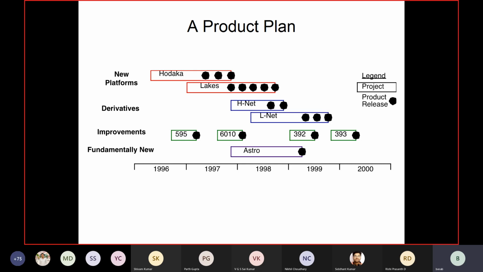You can change the cover in such a way that dirt will not get accumulated on the machine. That's an improvement. But it has nothing much to do with the performance of the machine. But it's definitely an improvement. So they have taken up some improvement projects. These are the codes they have used, 595, 6010. I don't know the meaning of the code, don't ask me. They definitely have their internal methods of coding things. So they have coded it like that.